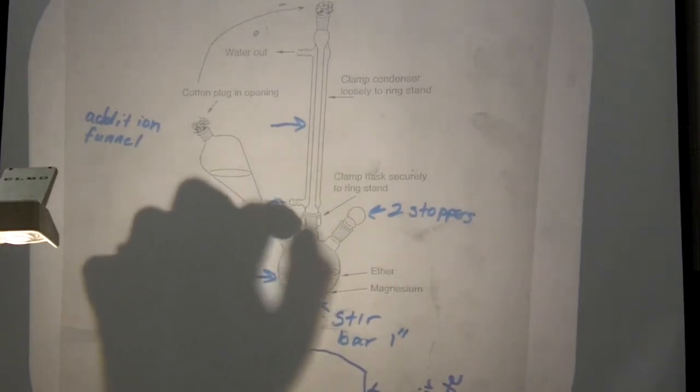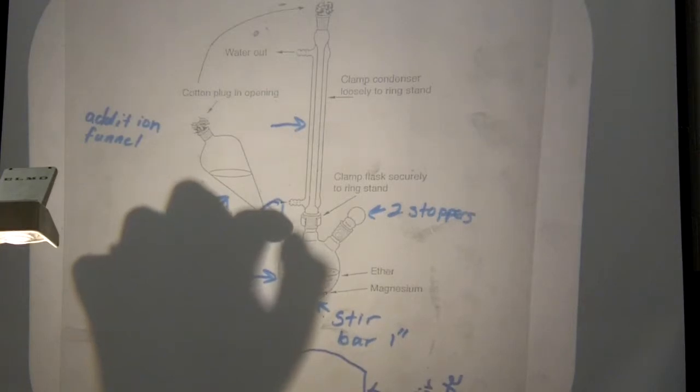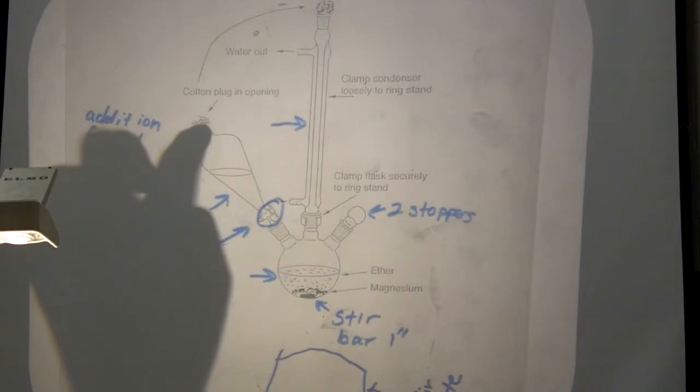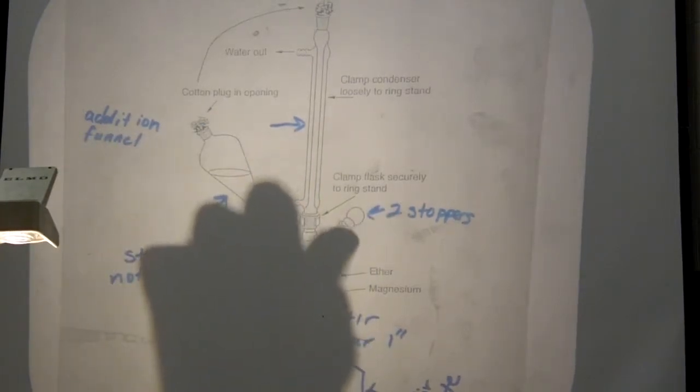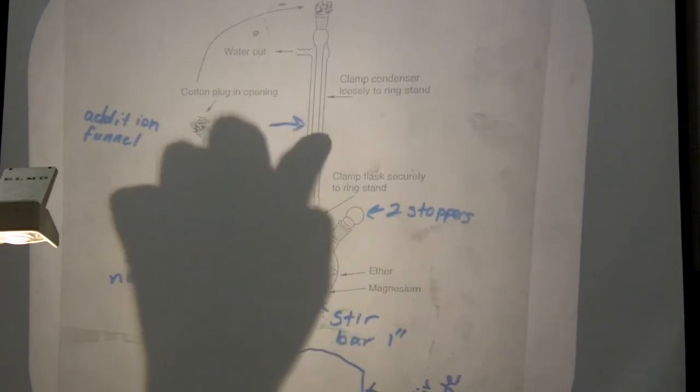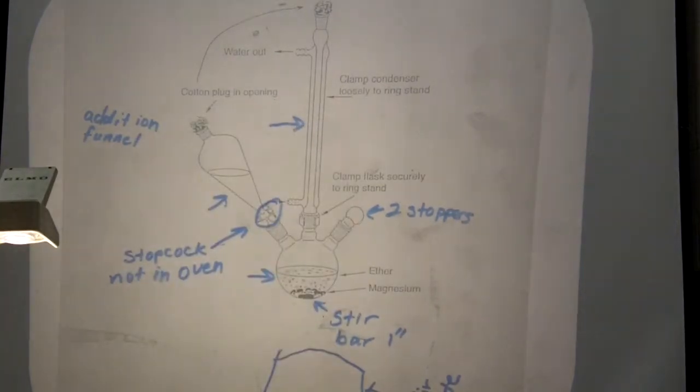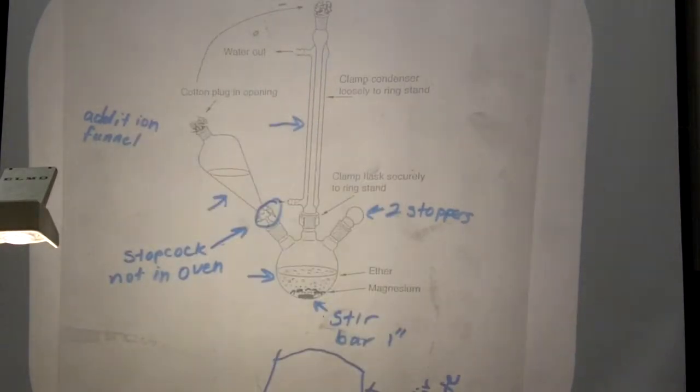Make sure you turn it so your stopcock is closed before you put anything in it, okay? Cotton in the top here, a glass stopper on this side with a little bit of grease, and then you're going to have a support clamp here in your apparatus, okay? And then you'll have hoses for water in and water out of your condenser.